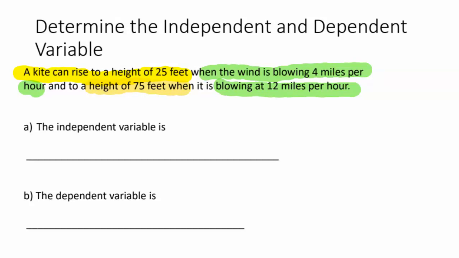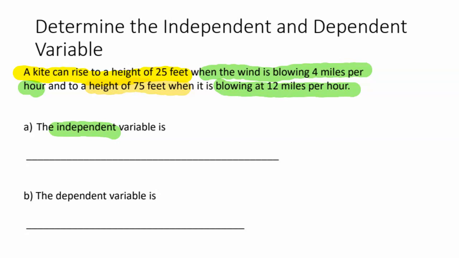Okay, now, this is one that you may kind of have a little trouble with, because you're saying, what's the choice? Well, the choice is going to be the wind. Our kite is going to go up 25 feet. That's the reaction. The wind is blowing. I put my foot to the pedal in my car.